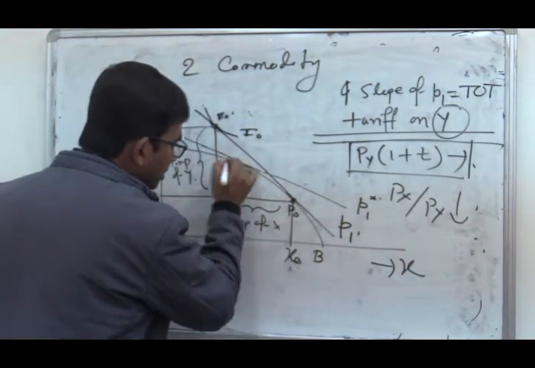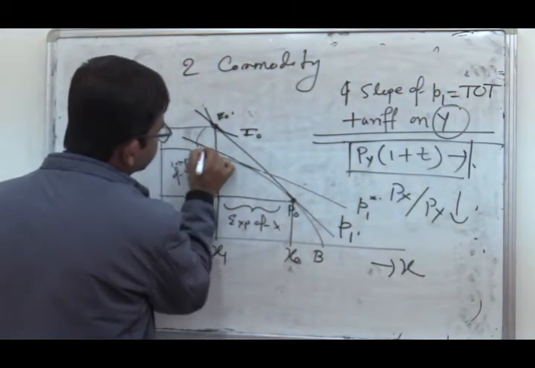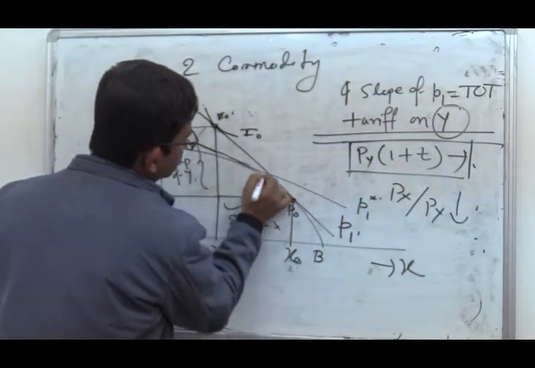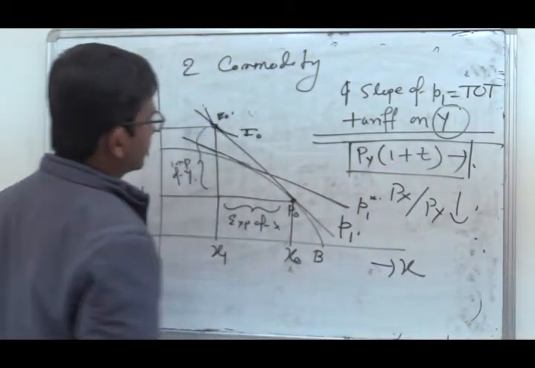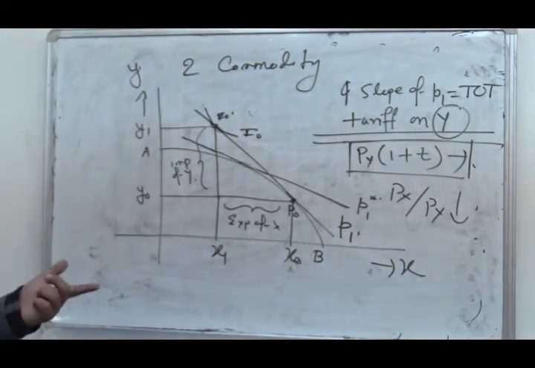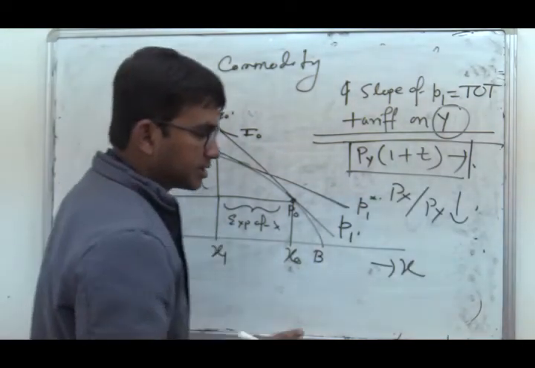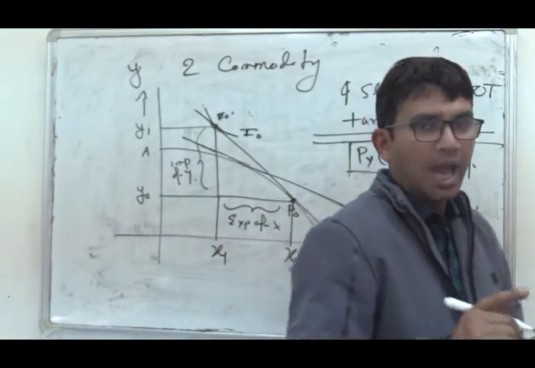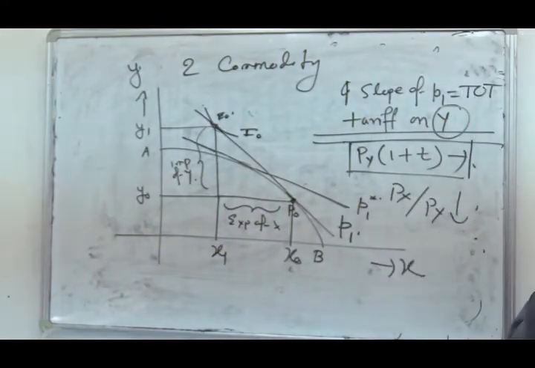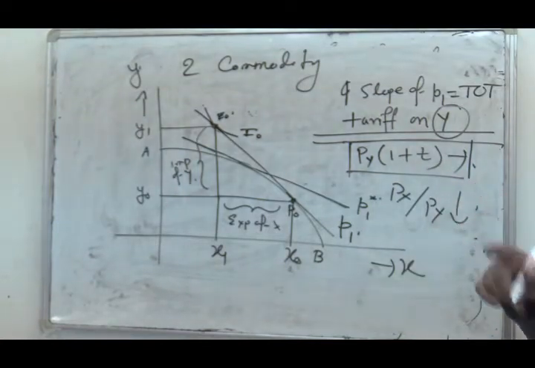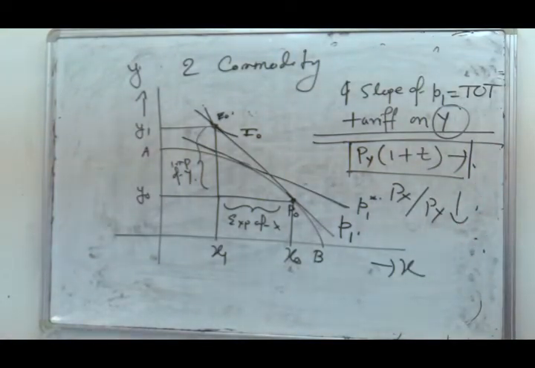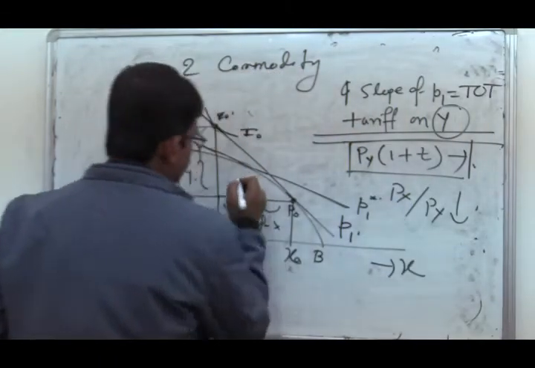So this is the new price ratio faced by the country, not the international terms of trade. We have to remember that this country is a small open economy and in the international market it is playing the role of a price taker. So even if it changes its price, it will have no impact on the international price of Y. But obviously the price of Y will increase in the domestic market. That is represented by the curve.